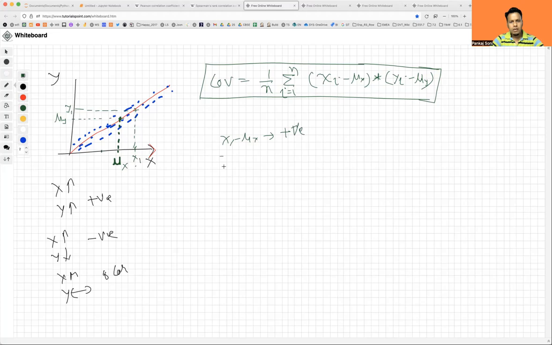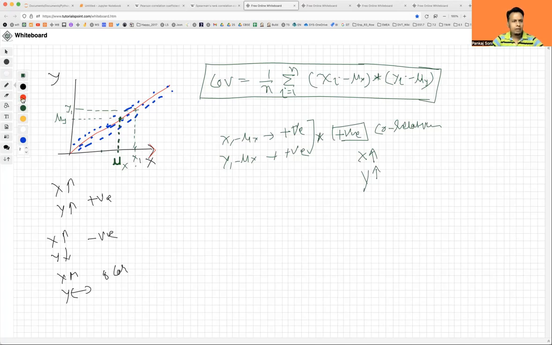Similarly, y1 minus mu y is positive. If you multiply those two, you get a positive value, which means positive correlation: when x is increasing, y is also increasing.